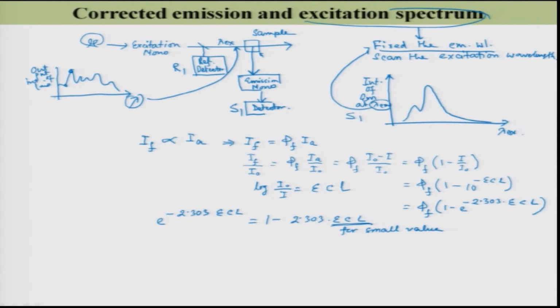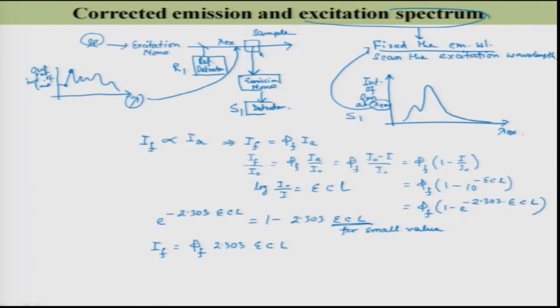So, only when the absorbance is small can I write it this way: IF equal to phi f into 1 minus 1 plus 2.303 epsilon CL, and I must have I0.